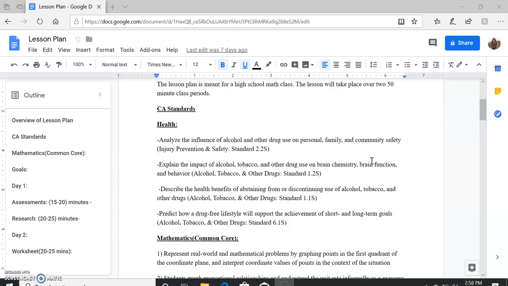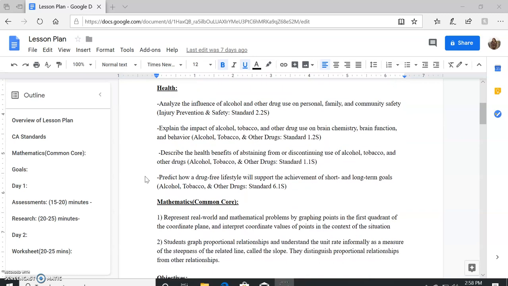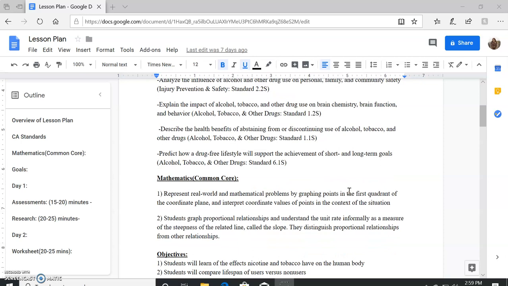For California standards, health-wise, it covers 4 standards. It analyzes the influence of alcohol and other drug use on personal, family, and community safety, which is standard 2.2. It also describes the health benefits of abstaining from or discontinuing use of alcohol, tobacco, and other drugs.